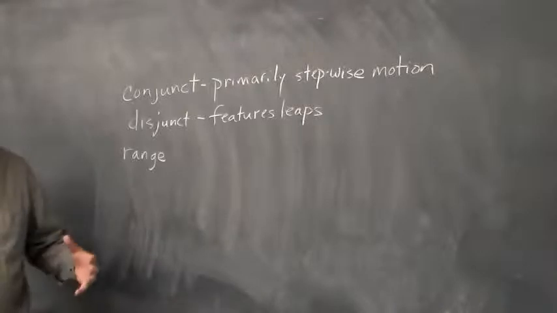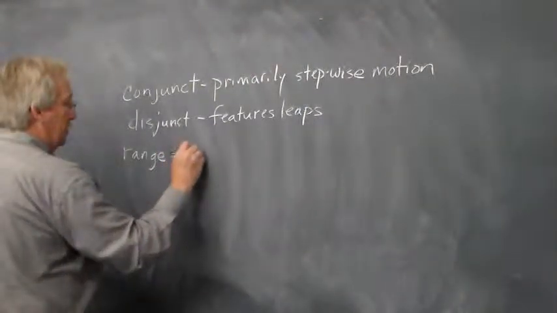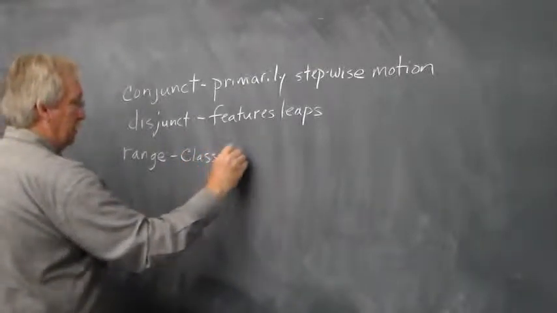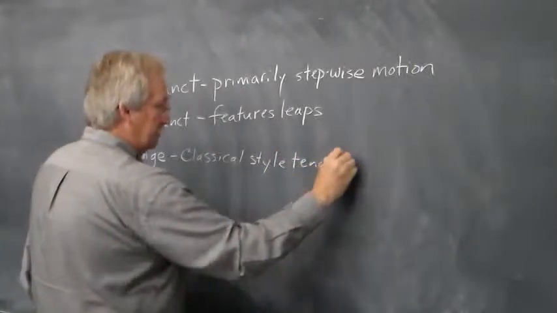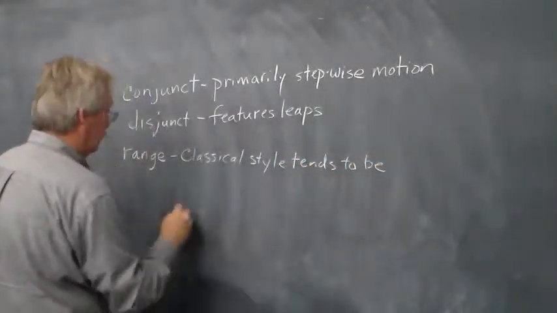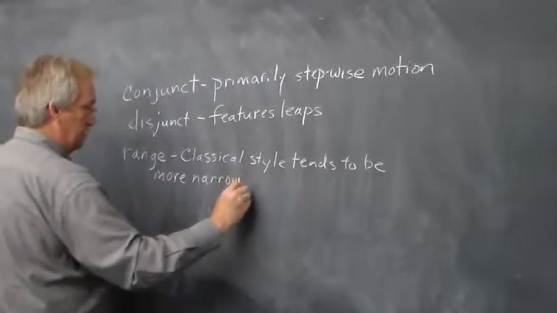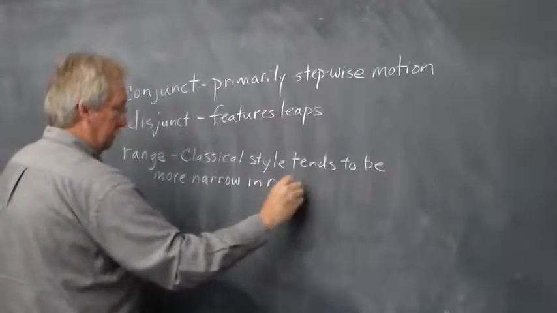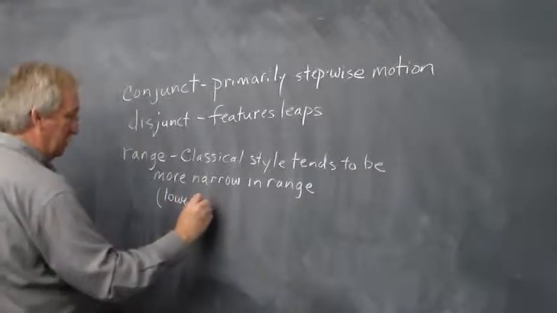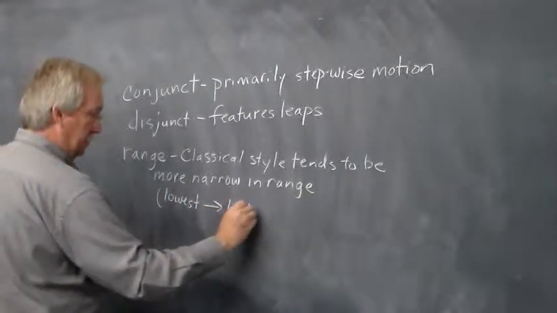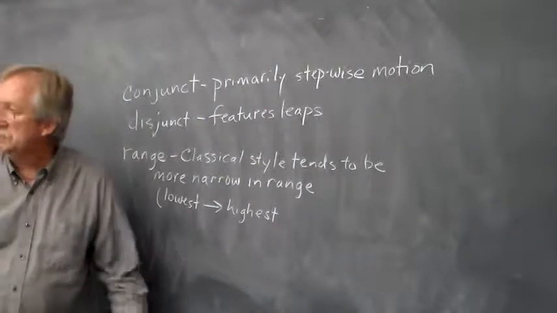And so it tends to be more narrow in range, a classical style. Basically, if it's within the interval of a 12th, that's considered to be a narrow range.